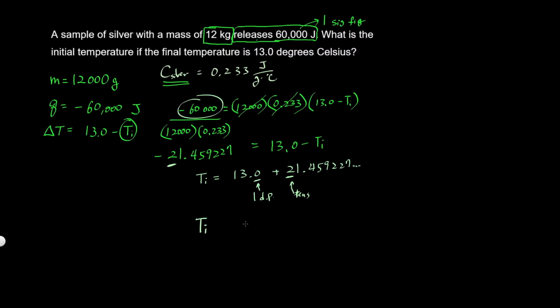So T initial is going to be, let me just add for now, 34.459 and on and on. But since we added, we have to have our answer in the least precise, which is tens. So T initial is equal to 30 degrees Celsius. That's how you do this.